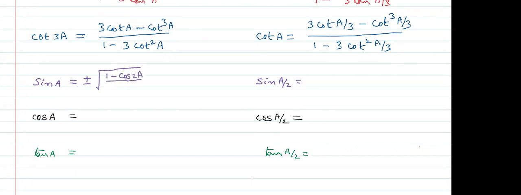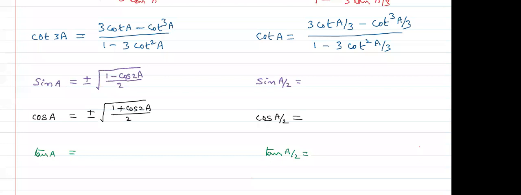What is 1 minus cos 2a, students? That is 2 sin square a. So the cos a formula is plus or minus under root 1 plus cos 2a divided by 2. 1 plus cos 2a means you will get 2 cos square a. 1 minus cos 2a means you will get 2 sin square a.